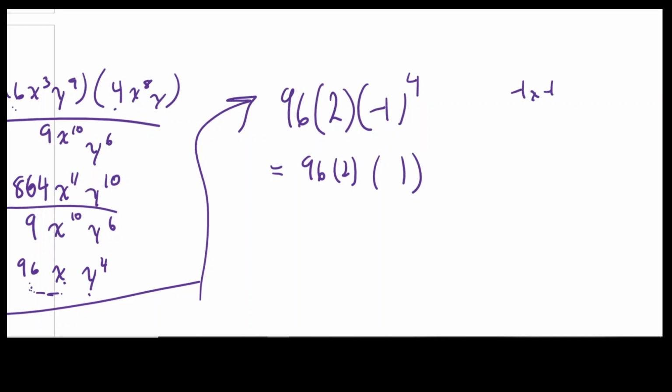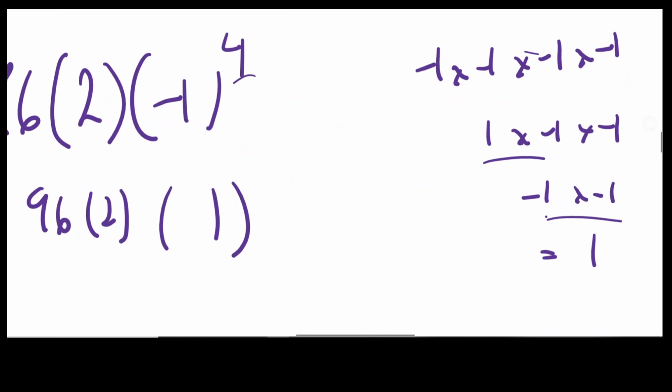That's because -1 times -1 times -1 times -1. Well, two negatives make a positive, so you get +1 times -1 times -1, and then you get -1 times -1, and then you get +1. So these two make a negative, but then those two make a positive. So a negative to an even power, if you've got an even amount of negatives, you end up with an even number of negatives.